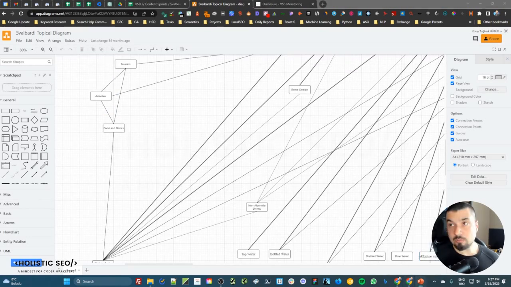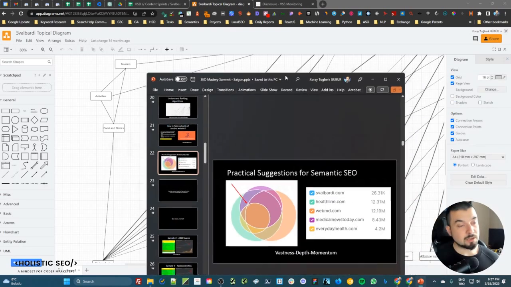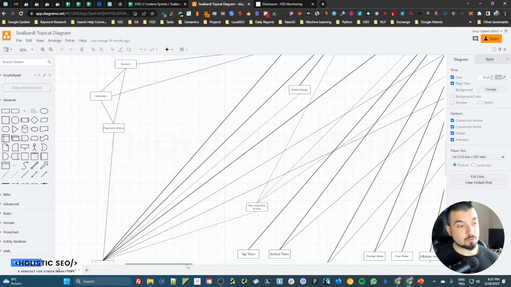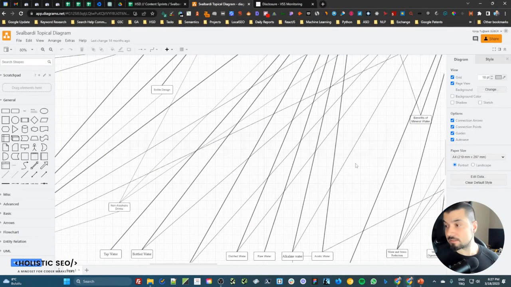But if I am able to outrank sources like Healthline, WebMD, Medical News Today, and Everyday Health for a really long time, it will basically tell the search engine algorithms that this is a website or a brand that can give more accurate, richer information compared to the top authorities.